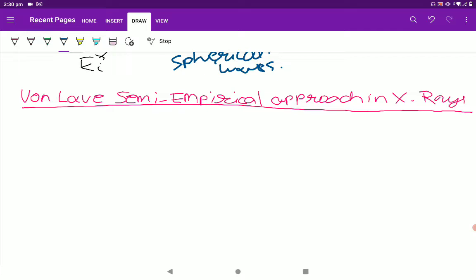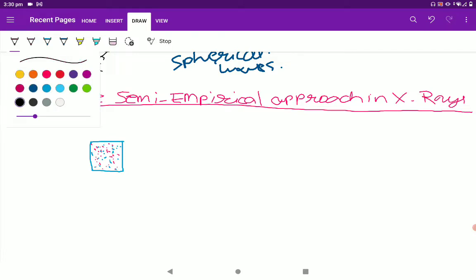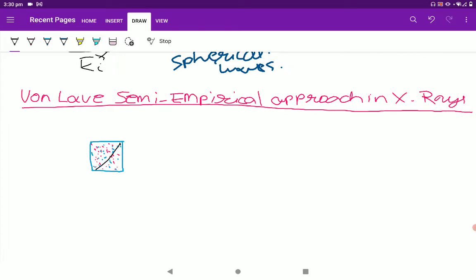As we know, first let me draw the diagram. So this is a crystal here. This is a crystal of diameter d basically.